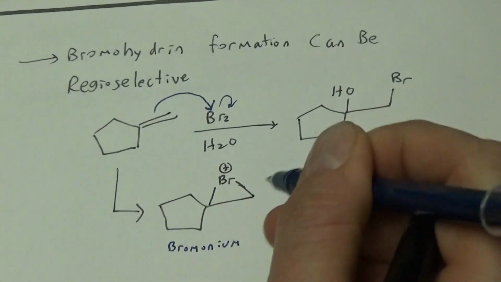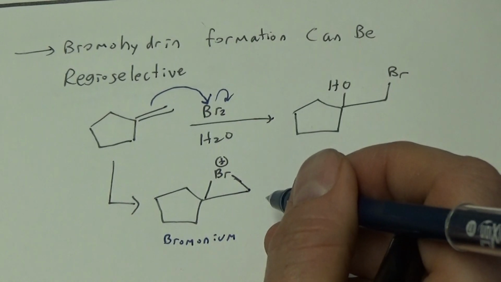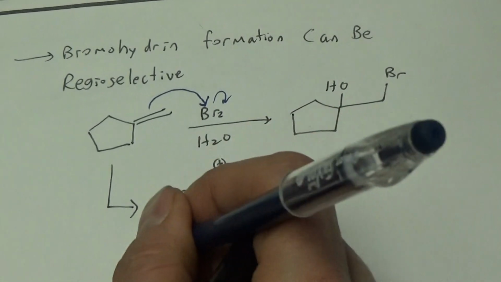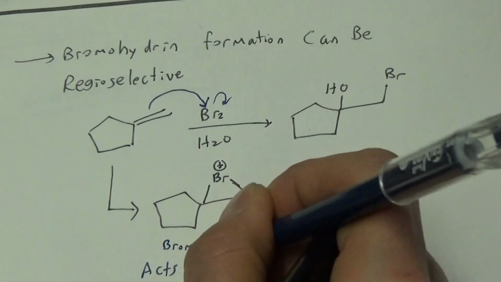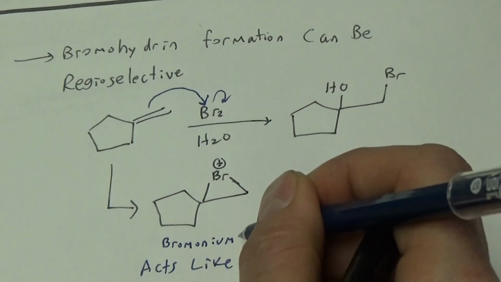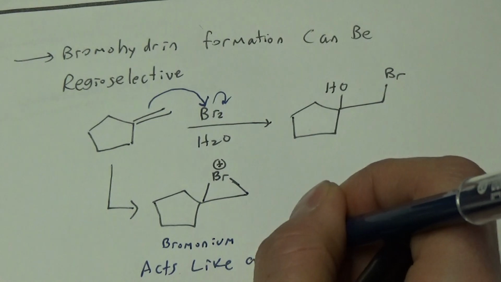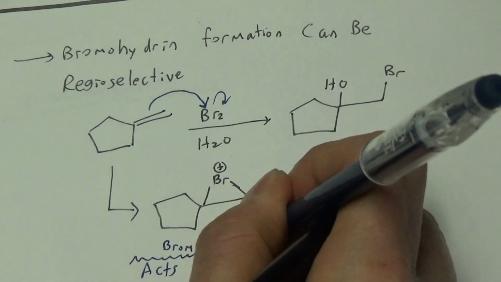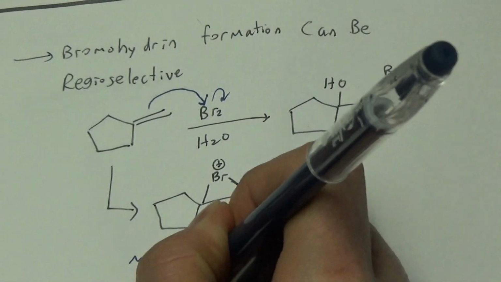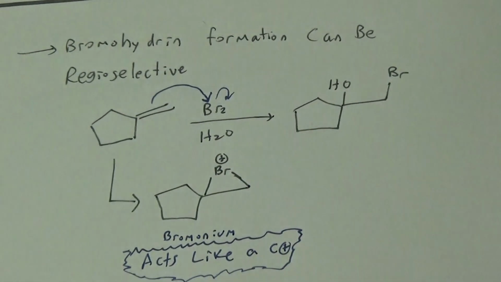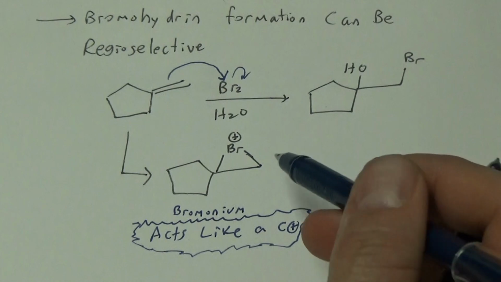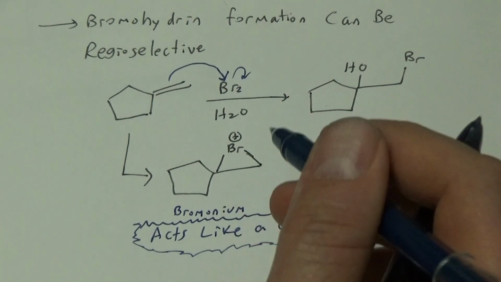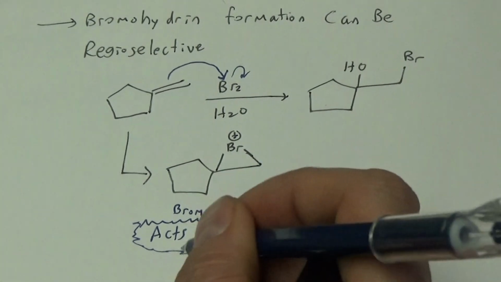Now, the thing about this bromonium, in most bromoniums, I just didn't really show it before, is it acts like a carbocation. Okay, and it has carbocation character. All right, and it specifically acts like a tertiary carbocation.